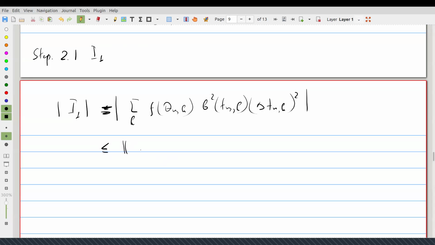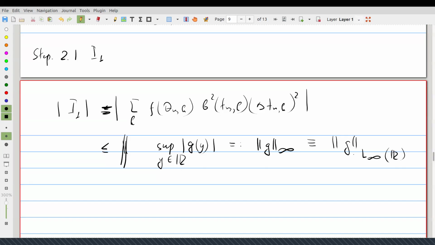This is less than, I will denote the supremum over the whole real line of the modulus of any function g by g infinity. Effectively this is the norm of g in L infinity of R, but I will not bother with this L infinity.